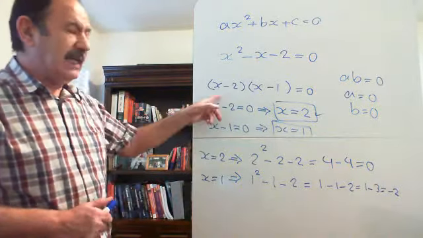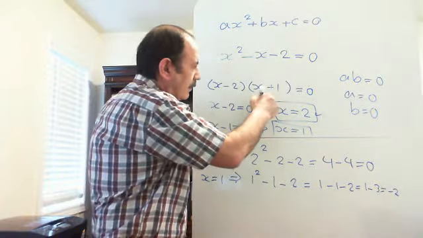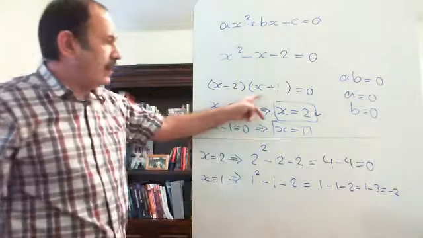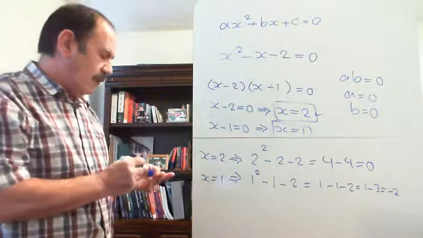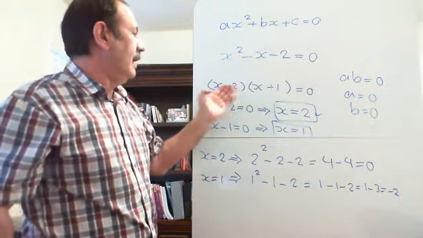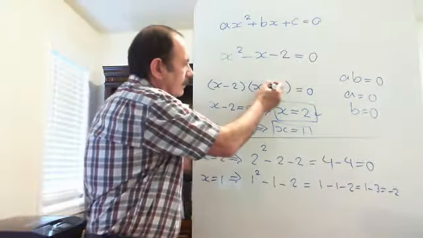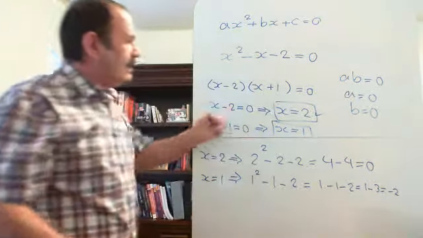One of them was negative 2 and the other one was positive 1. So I made mistakes in writing this one. So positive 1. Then what's going to be the result? Negative 2 times positive 1 is negative 2, and negative 2 plus 1 is negative 1. So I made a mistake previously.